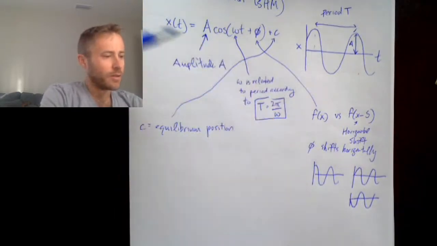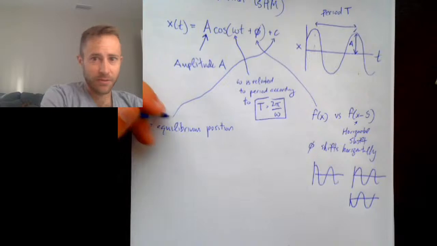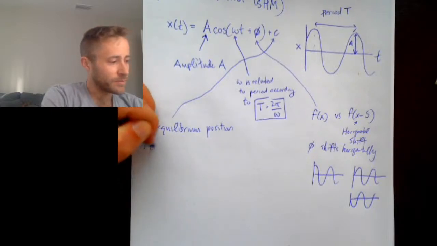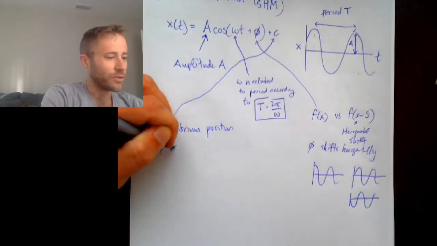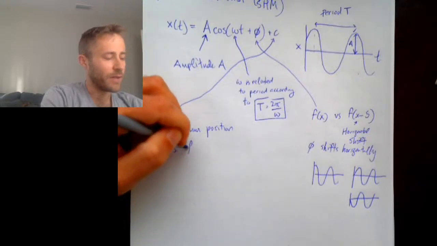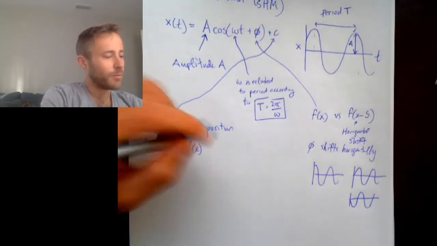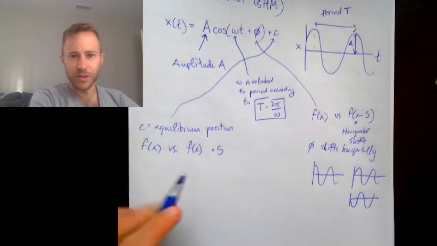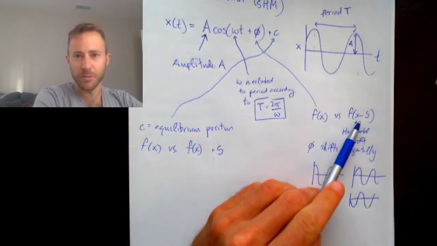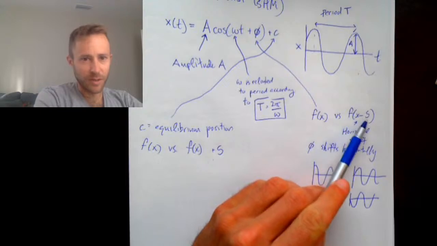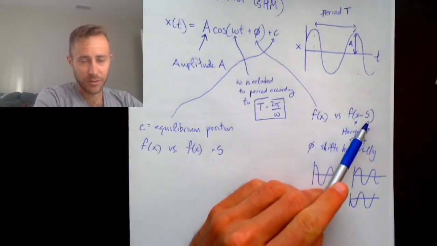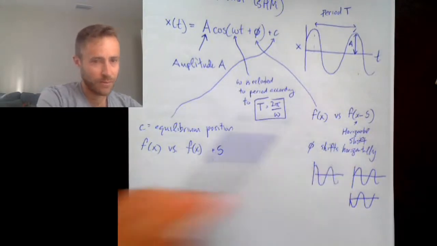And so maybe you have graphed f of x versus the graph of f of x plus 5. So these are different ideas here, because the minus 5 is in the parentheses, so it's in the argument of the function f.